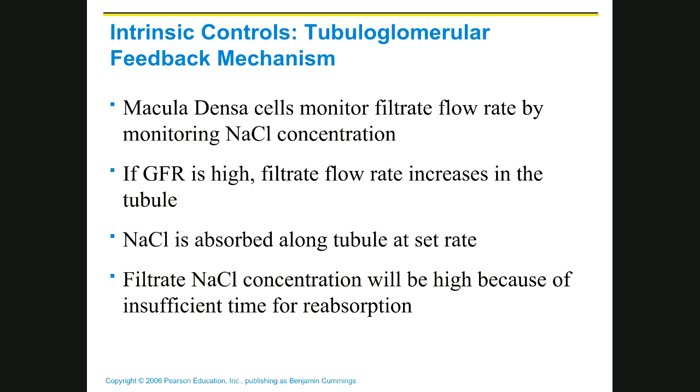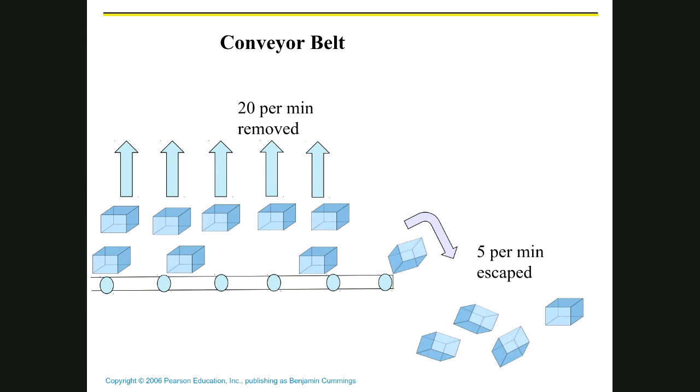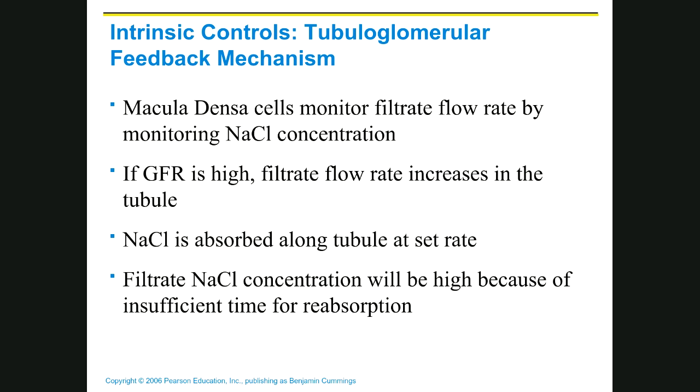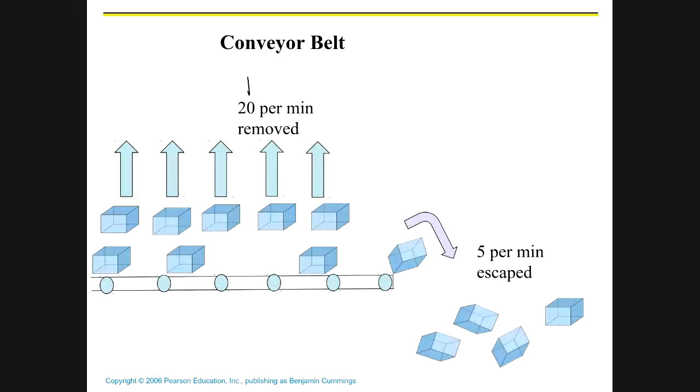And so we have to figure out the rate. That is done with these macula densa cells, and they do it by monitoring sodium and chloride. The sodium and the chloride is removed at a set rate, and what they do is they sit over here and they count how many escape. By counting how many escape and knowing how many removed, you can figure out GFR.